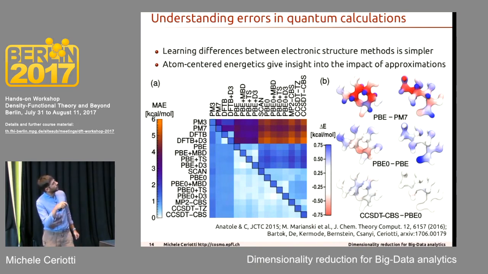And you can also learn even more by basically decomposing the error into atom-centered contributions. So here, this is the glucose molecule, and this is the lowest energy and the highest energy structure in the data set. And what I'm showing is that I'm computing the contribution of each atom to the energy difference between PBE and PM7, for instance.